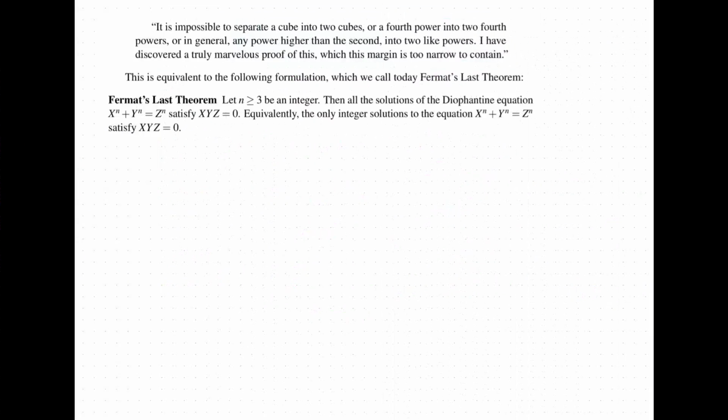And so as a reminder, our favorite writer of marginal notes: it is impossible to separate a cube into two cubes, or a fourth power into two fourth powers, or in general, any power higher than the second into two like powers. I have discovered a marvelous proof of this, which this margin is too narrow to contain.